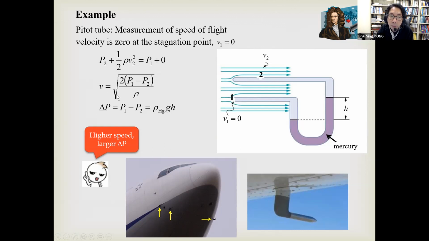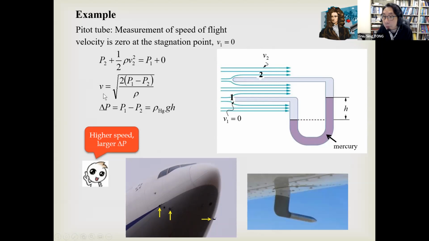So the velocity of the airplane is the square root of 2 times (P1 minus P2), the pressure difference between these two sides, divided by rho. But the pressure difference P1 minus P2 is equal to the density of mercury multiplied by g multiplied by h, which is the fluid pressure of mercury.